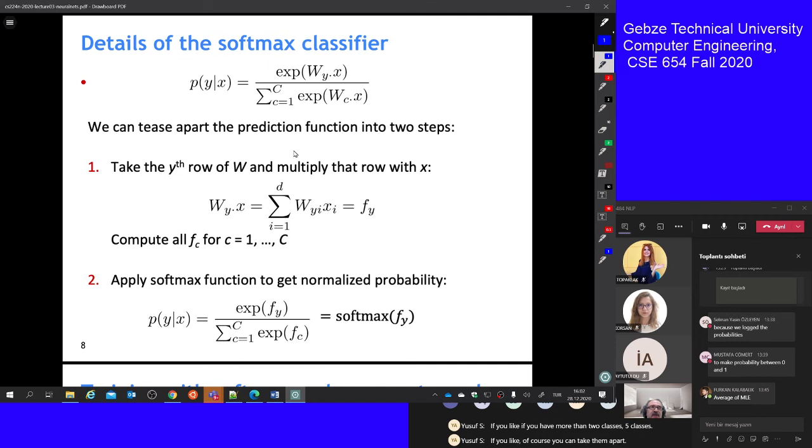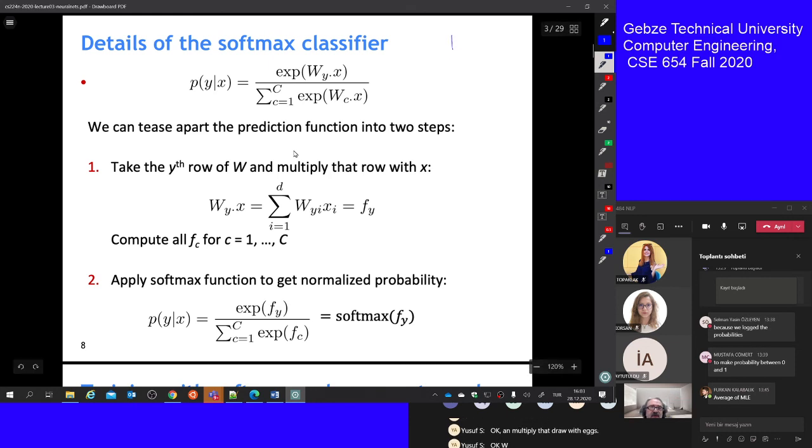Let's say you are interested in only one of the classes, like what I did. In that case, take the row of W for y, and multiply that row with X.